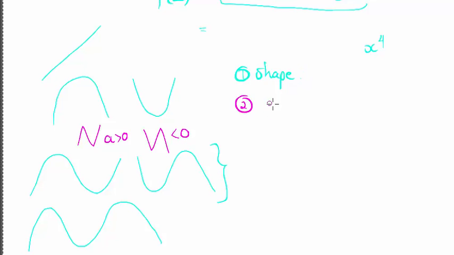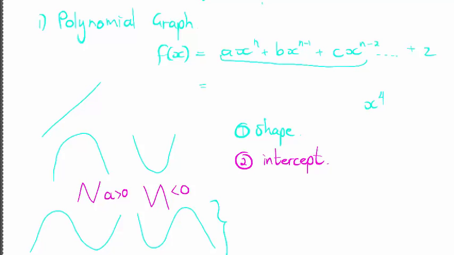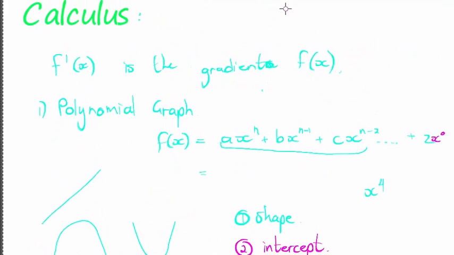The second one is going to be the intercepts. Now you'll notice in all of the polynomial graphs, the y-intercept is the coefficient of the x to the power of 0 term. For example, a straight line is ax^1 + bx^0, and a parabola is ax^2 + bx^1 + cx^0.